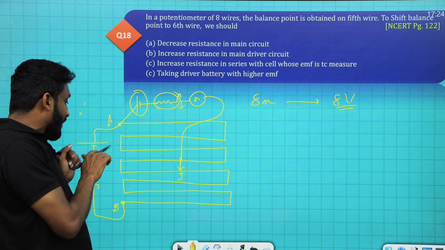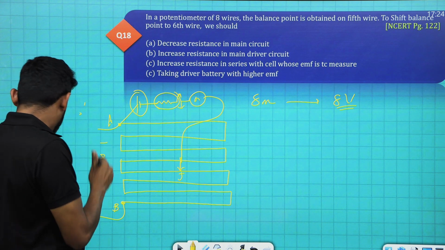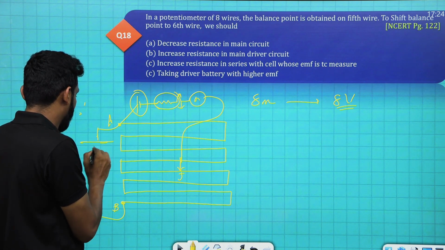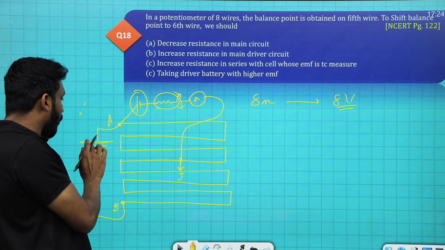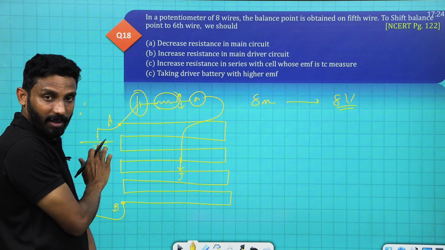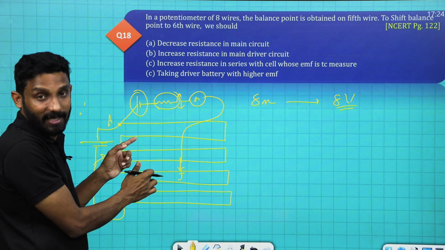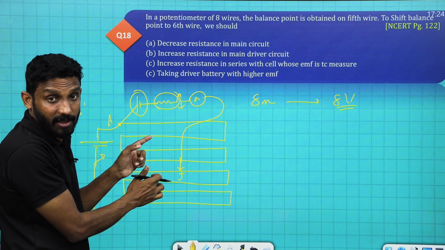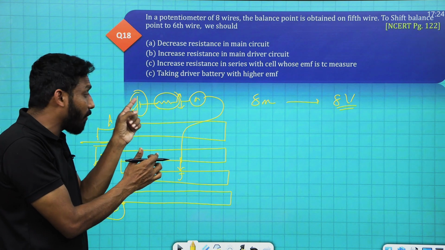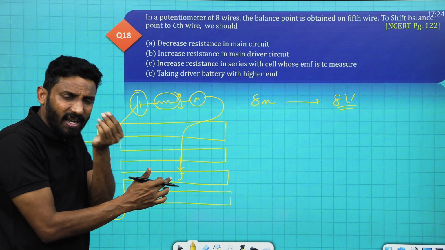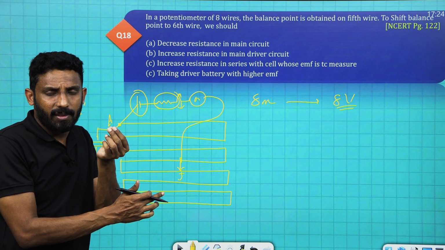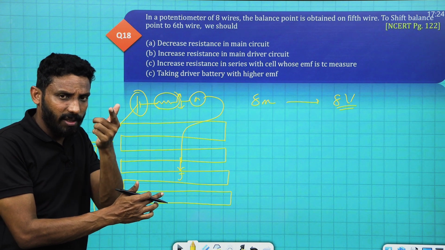Suppose here we are increasing the voltage of this cell. What will happen? The potential difference per unit length of the wire will be increasing. Then to balance the EMF of this cell, we require only a lesser length. You understood? Carefully listen.